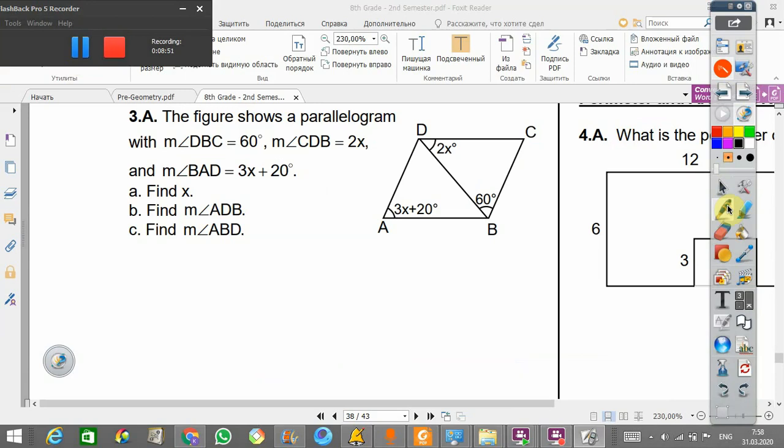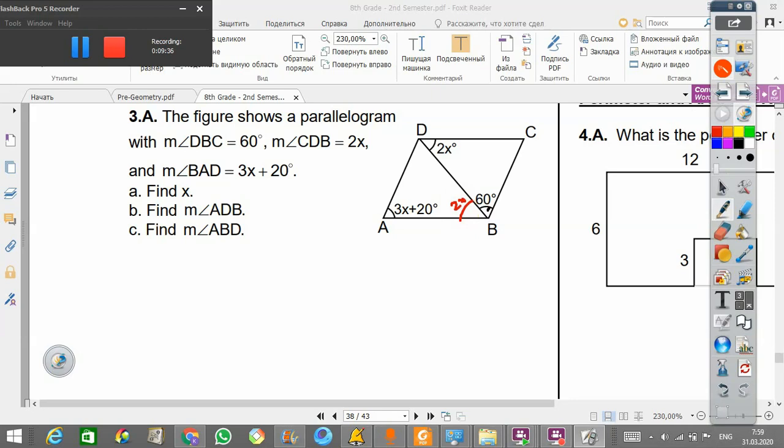Okay, let's find x. What is x? Using the theorem, here we can write angle ABD is 2x.